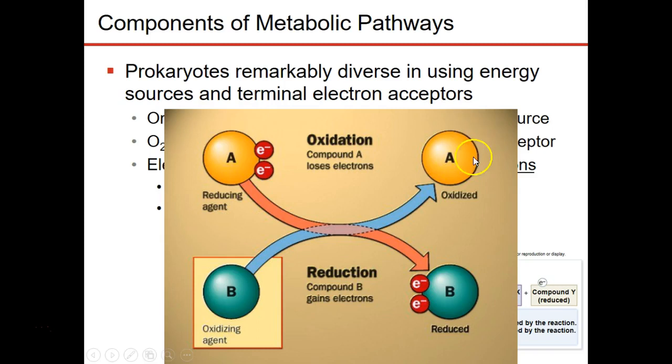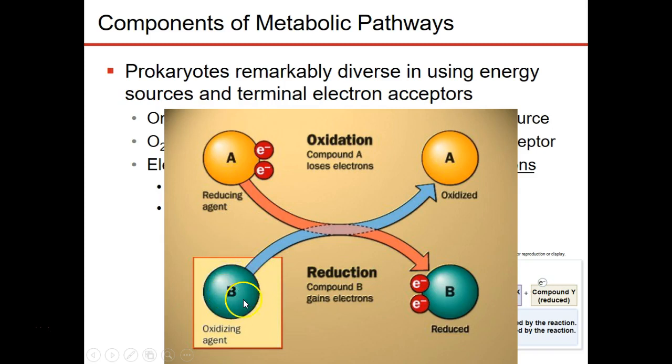The term oxidation means loss of electrons, but in biology it also is associated with loss of hydrogen ions or protons. So here we have a reducing agent. He's going to lose his electrons and reduce another molecule. Here's an oxidizing agent.